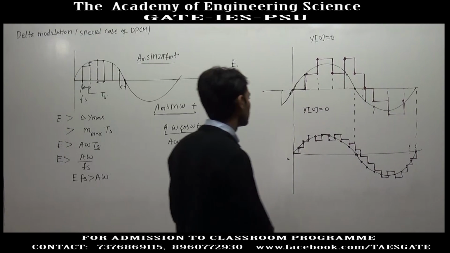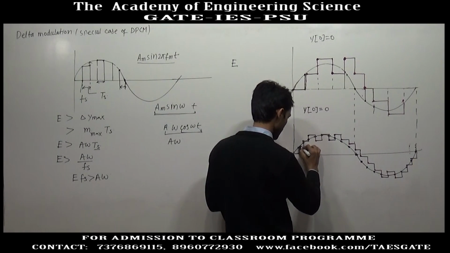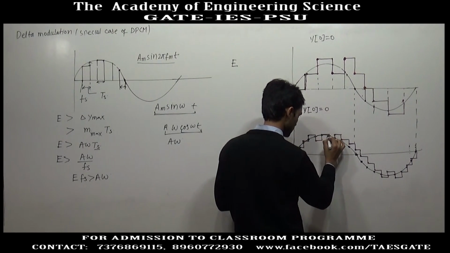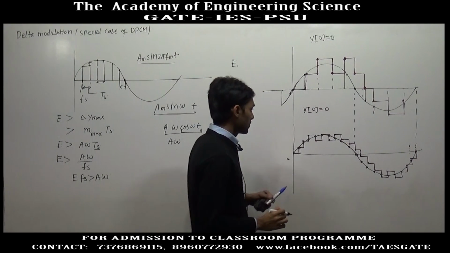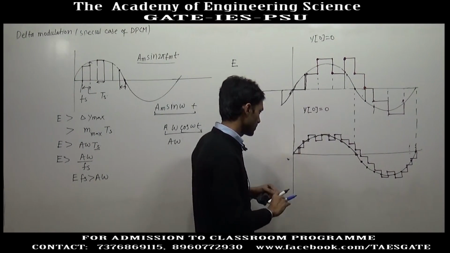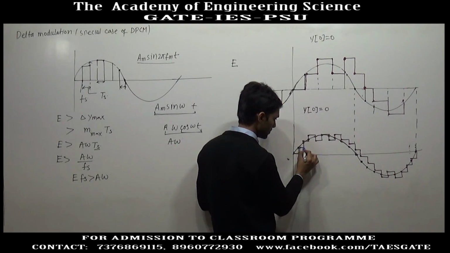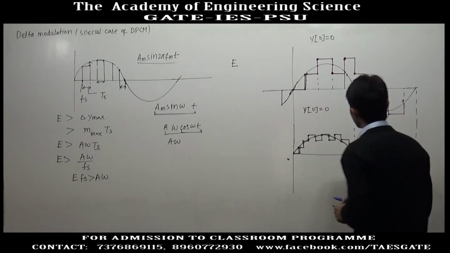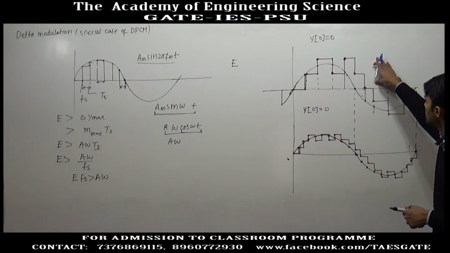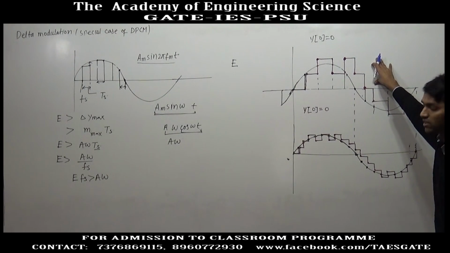Now, if we compare, the graph in black is the expected output. This signal was to be transmitted, and the graph in red is the output of the delta modulator, and the same is in the first graph, but this is for a lower value of sampling frequency.